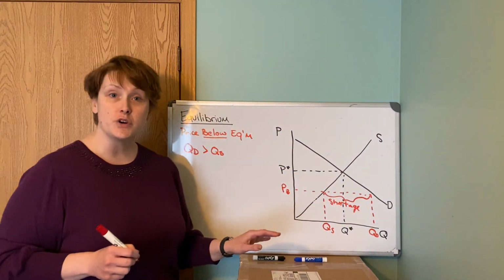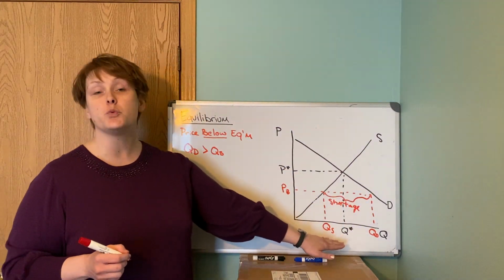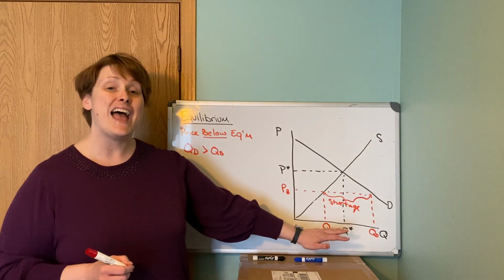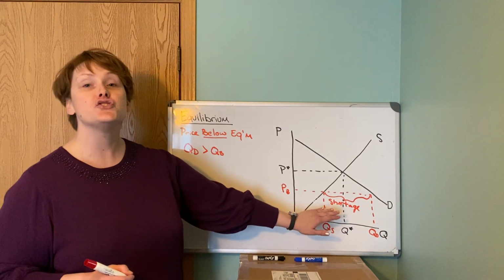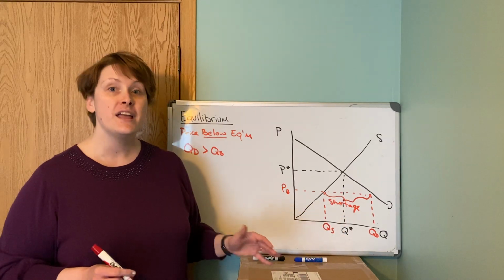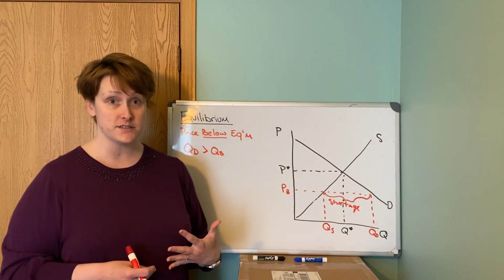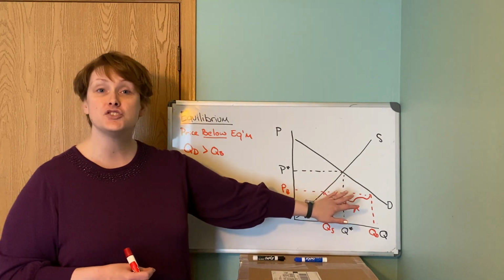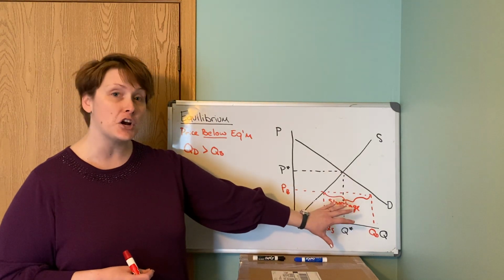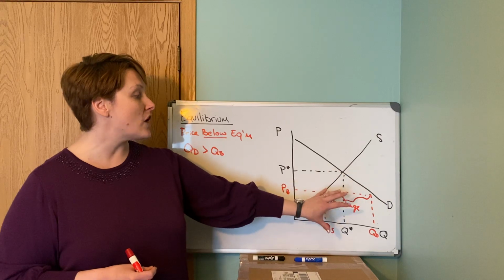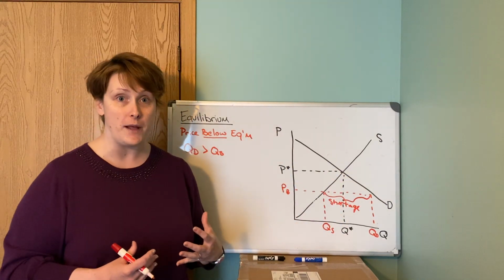The value of our shortage is going to be the difference between our quantity demanded and quantity supplied. So a price below equilibrium is going to entice consumers. Consumers like lower prices. So it's going to entice consumers to come into this market and to try and get as much as we want.